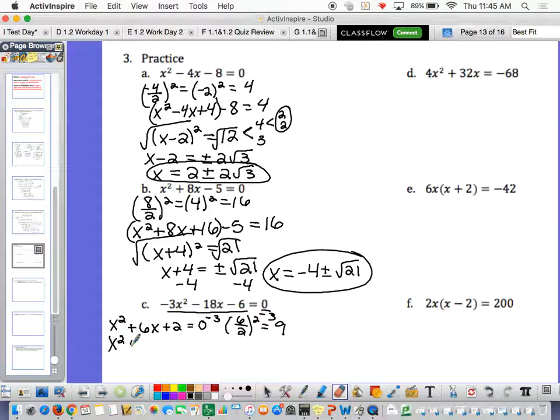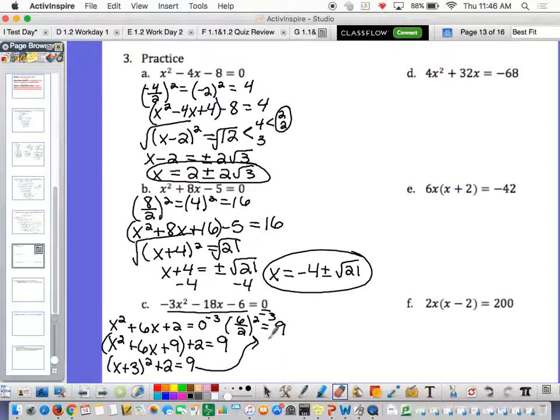So we have x squared plus 6x plus 9 plus 2 equals, well, we added 9 to that side, so then we add 9 over there. This then factors to x plus 3 squared plus 2 equals 9. I'm going to come over here now, keep solving.